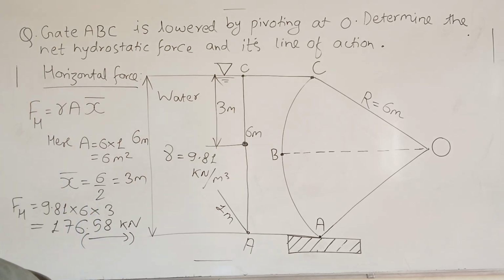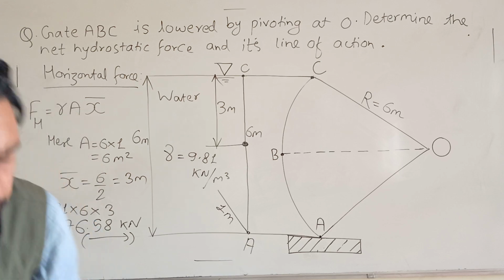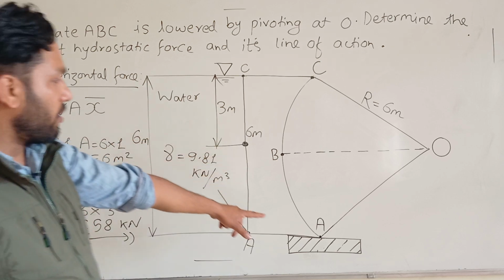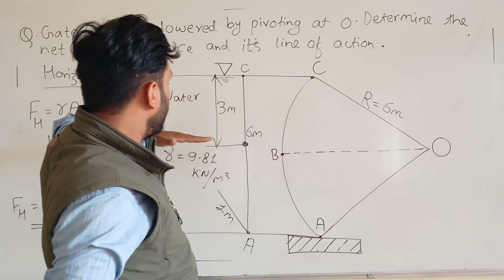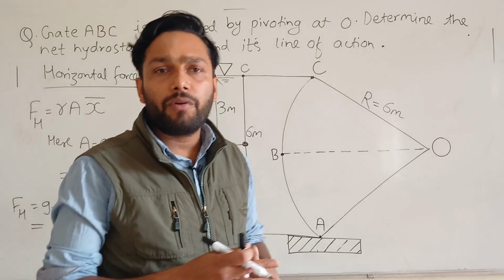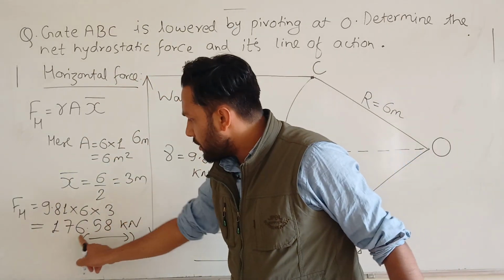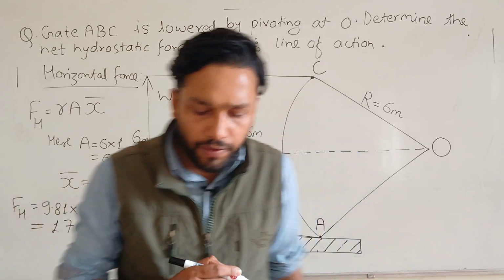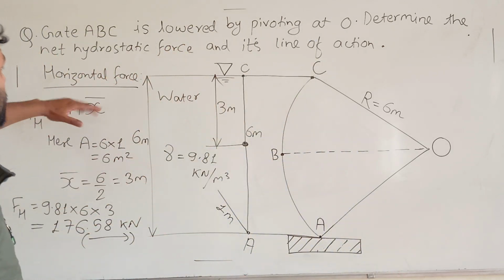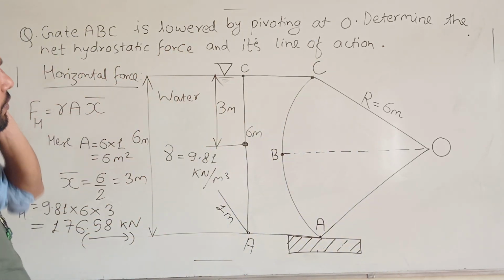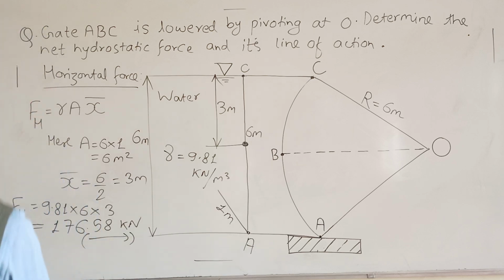So okay, let's go to find out the vertical force acting on this curved surface ABC. We have calculated the horizontal force by projecting the curved surface in the vertical plane. So we have got the 176.58 kilonewton, and finally, okay, let's go to find out the vertical force in this curved surface.